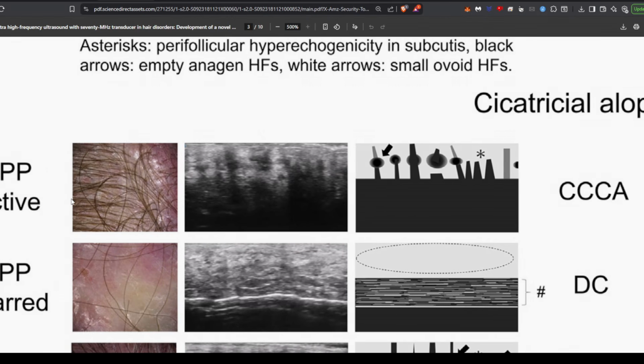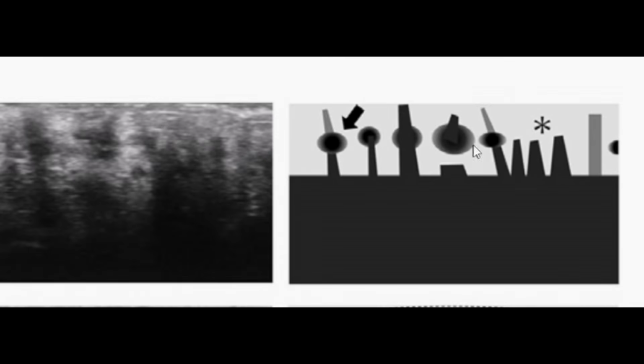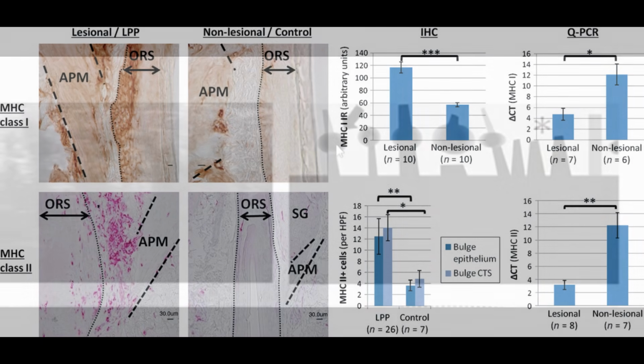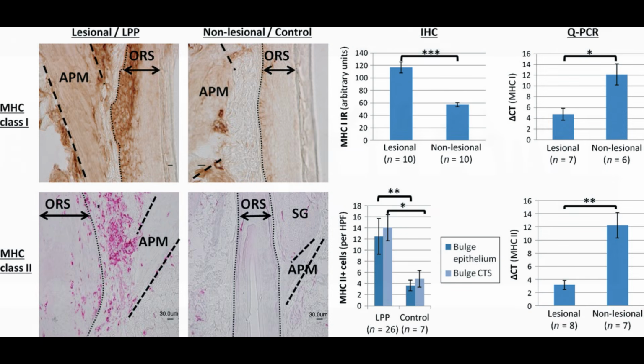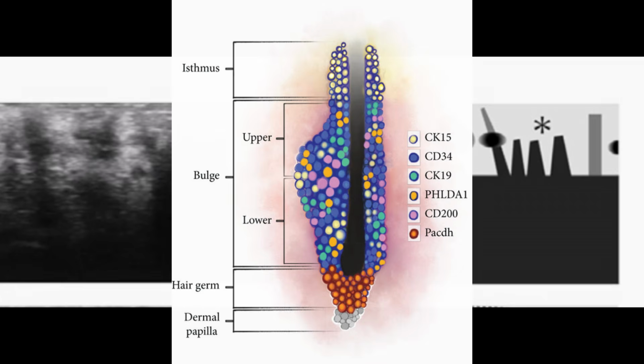What do we see here? With active lichen planopilaris, you're seeing hair follicles that would otherwise be in an active state of growth becoming very inflamed. And the imaging over here, where they trace it out for us, kind of tells us that story. Over here in the follicle, and I'm tempted to say that this is where the stem cell bulge is, it looks like there's an inflammation occurring, and that's causing the follicle to be disrupted, to be broken.